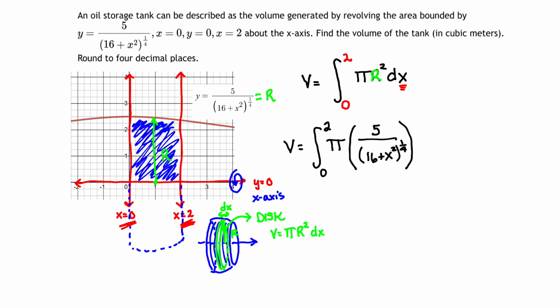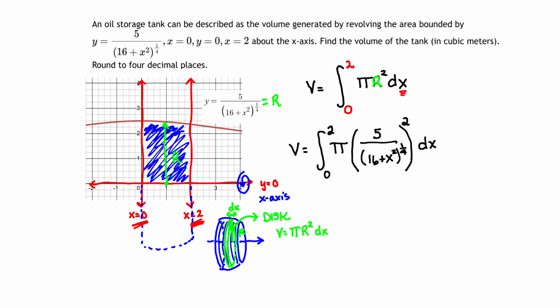That's our r value, so that all has to get squared and then integrated with respect to x. Let me clean this up just a hair. On top, we have 5 squared times pi. So that's going to give me a 25 pi, and I like to pull those constants out right away.